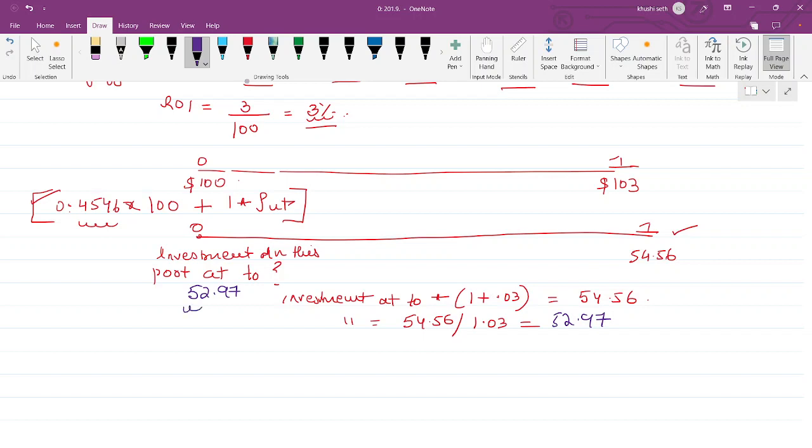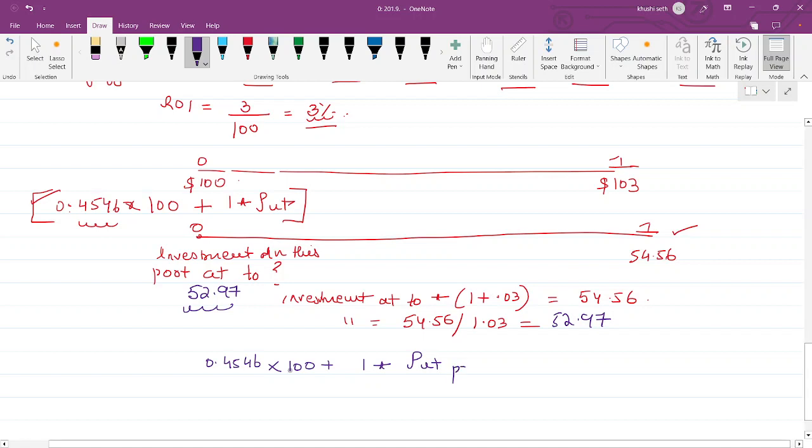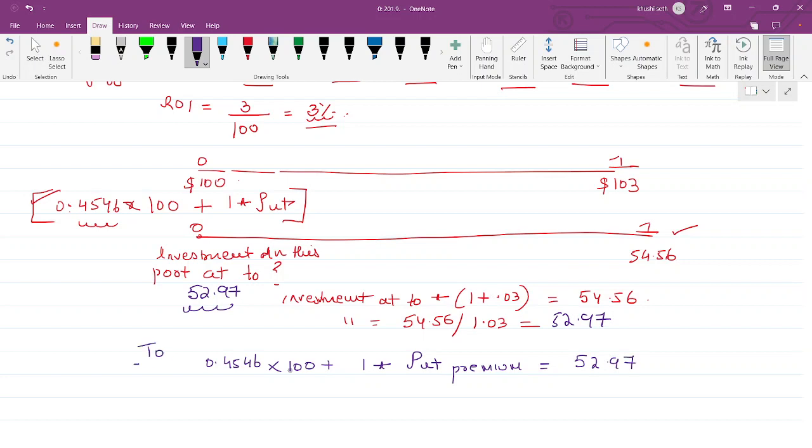This is my investment in this particular portfolio at time zero: 52.97, right? So this particular portfolio of 0.4546 shares of the underlying bought at 100 rupees plus one put should equal 52.97 at time zero.